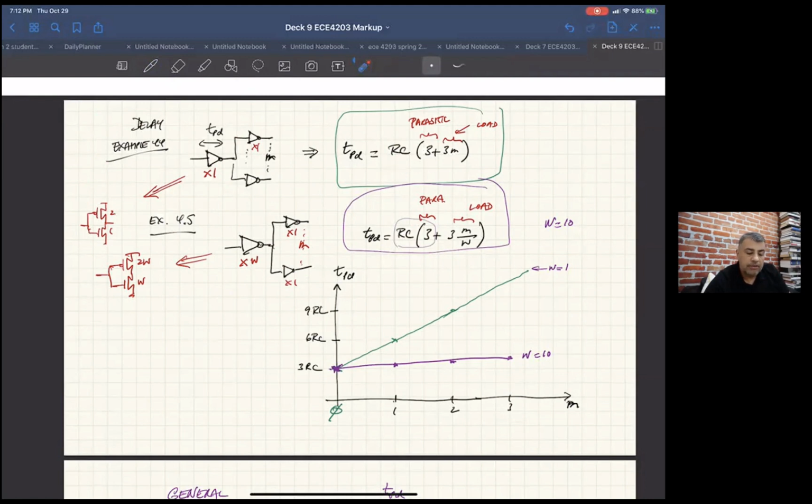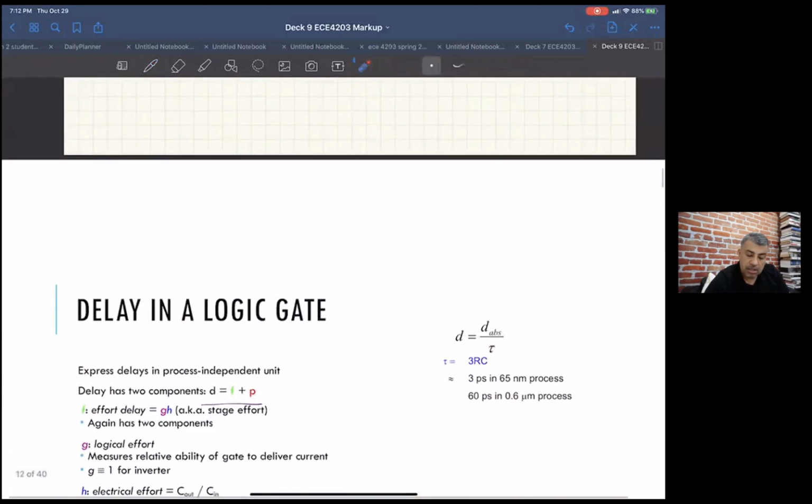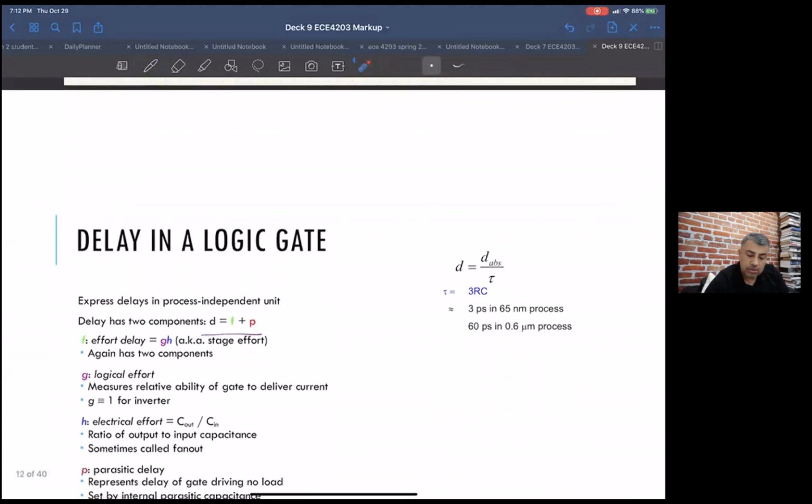Like we said, in the 65 nanometer process, it was 10 kilo ohm in our example, and C was 0.1 femtofarads for the same process. But this 3RC is something we can basically have ratioed out.